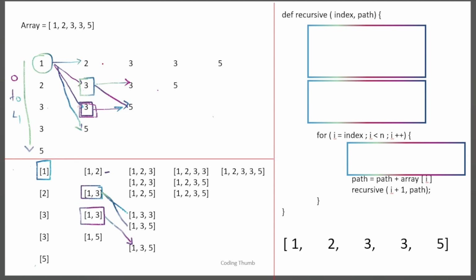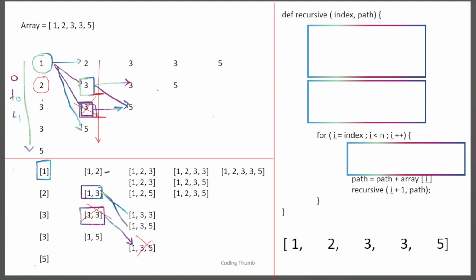So as we are going in a for loop, we need to check if the current element that we are at is equal or the same as the previous element. If it is, then we need to ignore this particular path. Similarly, we have to ignore this path so we don't create duplicates. Same happens here. We are at 2.